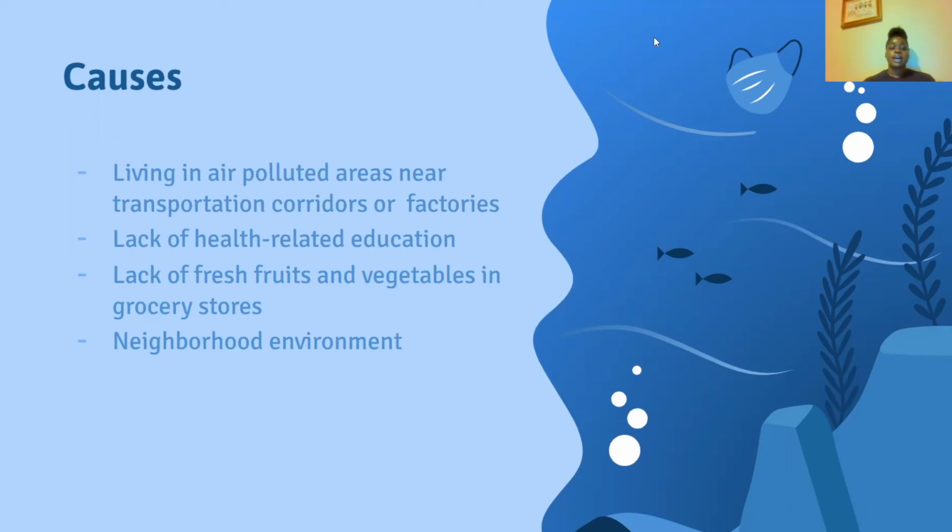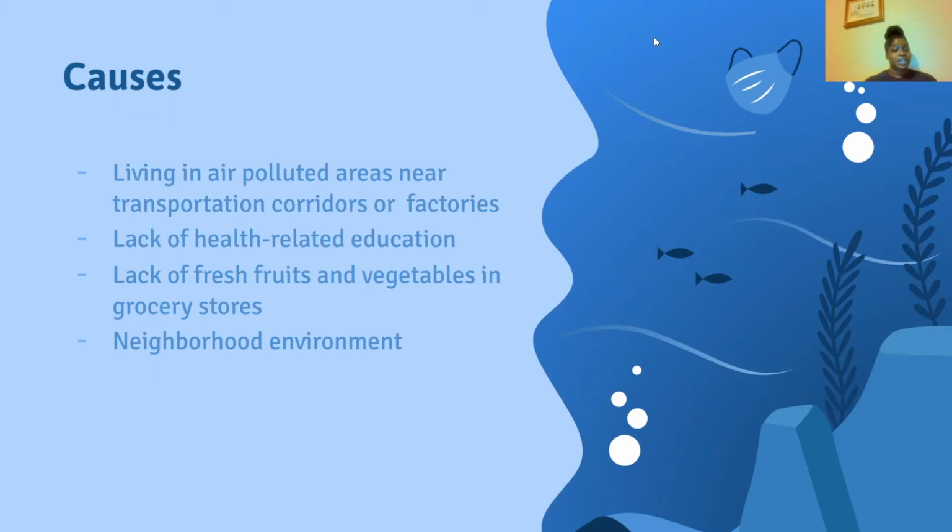And another cause of these health disparities would be neighborhood environment. According to doctors interviewed by WebMD.com, someone who lives in a higher crime rate neighborhood may be more afraid to exercise, which may also lead to health diseases and issues for them in the future.